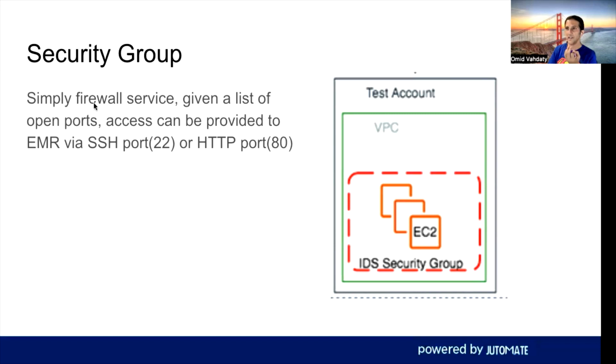As we discussed, it's essentially a firewall. So given a list of open ports, one can access those machines. For example, EMR can be accessed via port 22 or via SSH or via HTTP port 80.